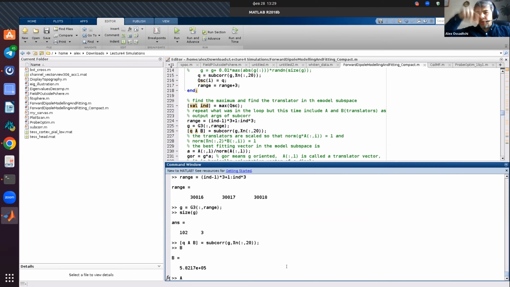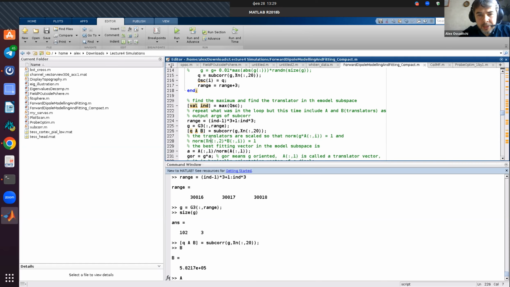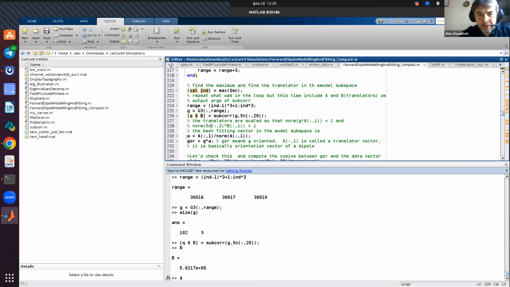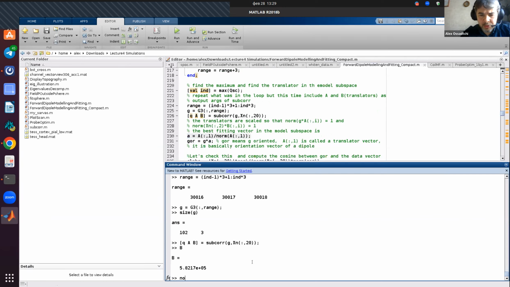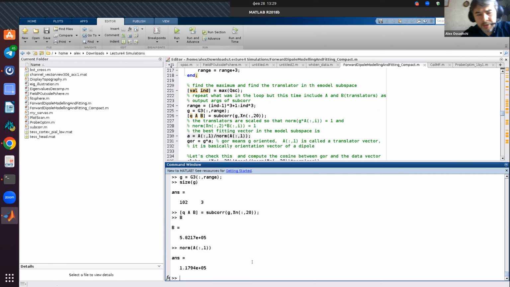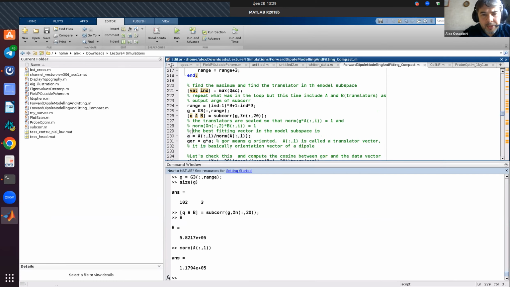The columns of A are the coefficients with which we take linear combinations of G to match our vector X. Let's take the first column of A and just normalize it. Anyway, it must be normalized, but I just normalize it. Hold on, norm. I'm just curious, because I'm not sure. Maybe they have factored it in. No, they didn't. Okay, so let's normalize it.